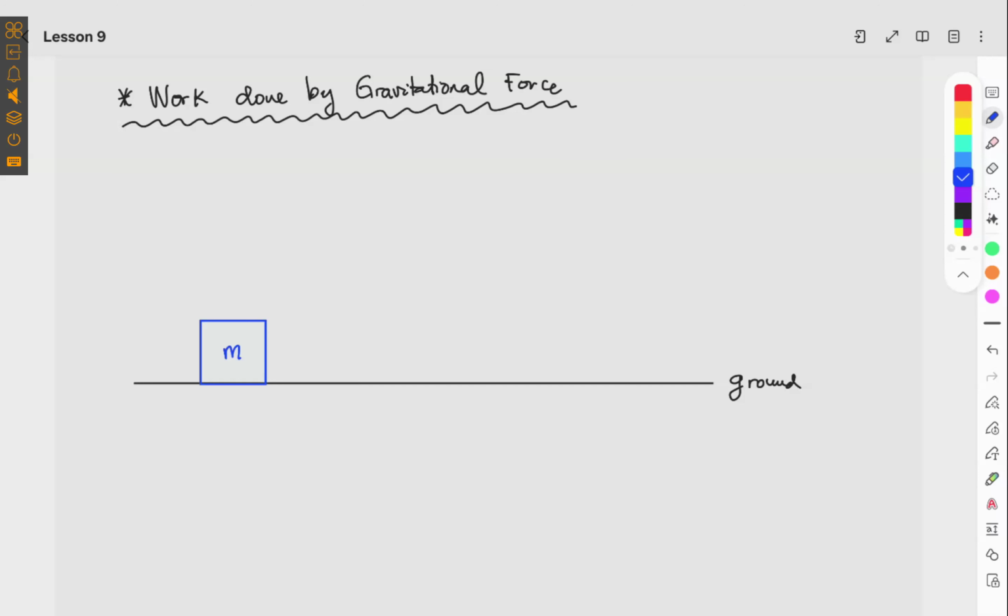When you apply a certain force to this object, what happens to this mass? It will move up somewhere in this distance, right? But it will not stay there.